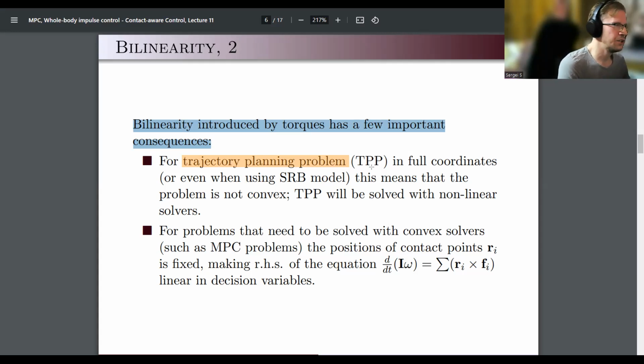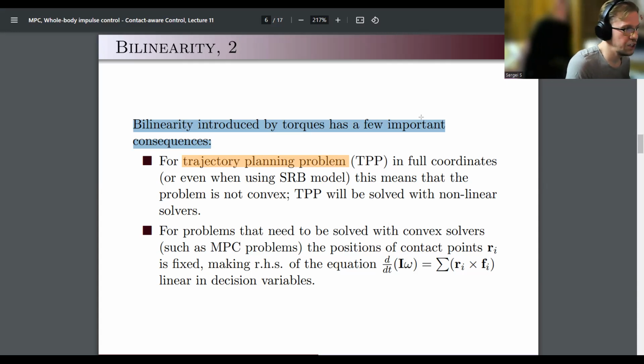Iterative approaches are popular, such as sequential quadratic programming, or interior point method solvers that operate on non-convex domains. And they have common problems of no guarantees of convergence.